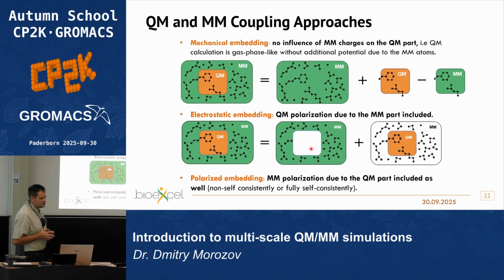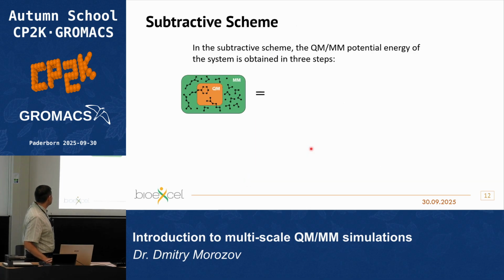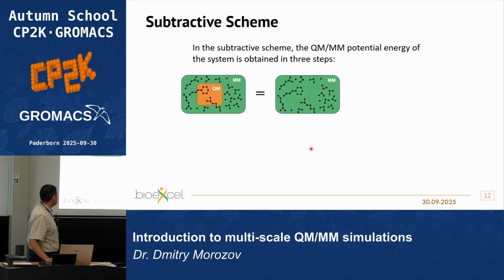For example, there are polarizable force fields like AMOEBA, which have additional electrostatic, polarization terms that can slightly change your charges by an external field. It's not widely used to date, but just in case, there is also such a thing.